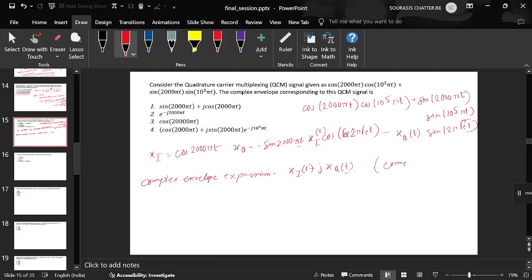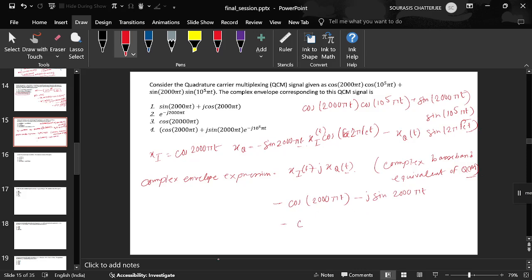This is also the complex baseband equivalent of QCM, and it is given as cos 2000 pi t minus j sine 2000 pi t.